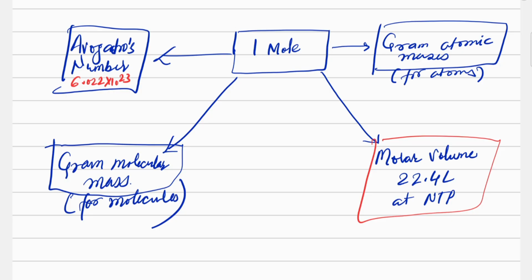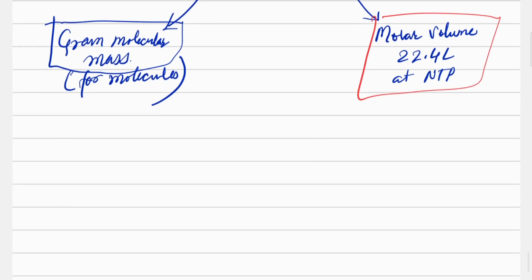Now you might be wondering why we are talking about mole concept. Whenever there is a reaction in chemistry, suppose we are talking about ammonia formation, N2 gas plus H2 gas gives NH3 gas.